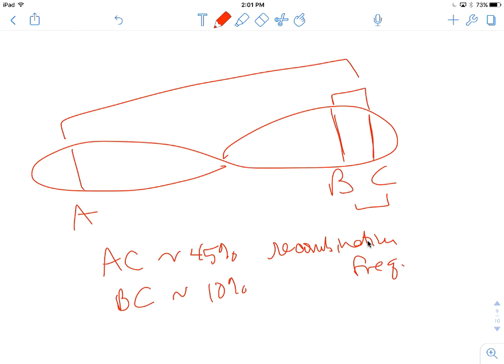Because recombination frequency corresponds to how far apart genes are on the chromosome, it can be used to measure distance. So 1% recombination frequency is equal to 1 map unit, which is a unit of distance on a chromosome.